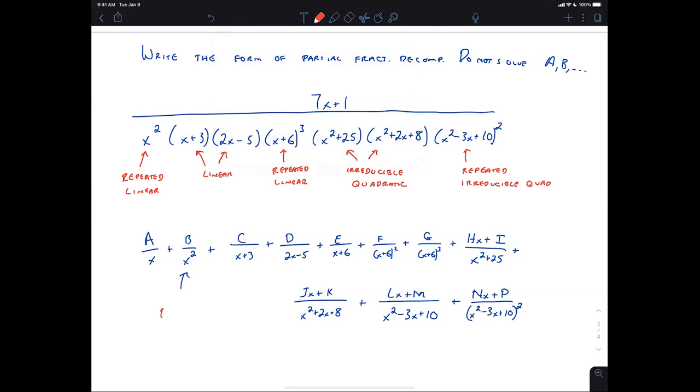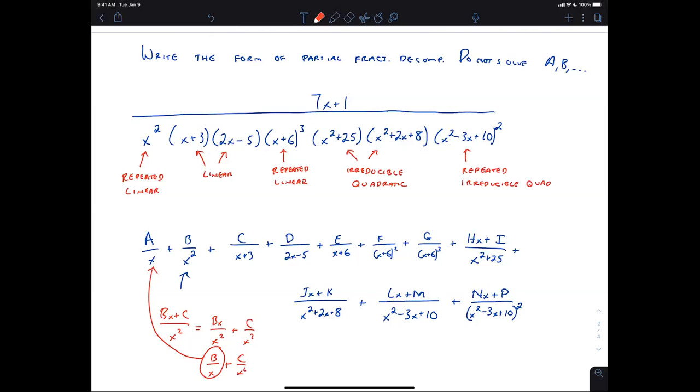Because of this. If you put bx plus c over x squared, you can rewrite it this way, and bx over x squared is b over x. So this is already taken care of by that one. Like you're trying to get all of the component fractions, and so you're already taking care of that possibility.